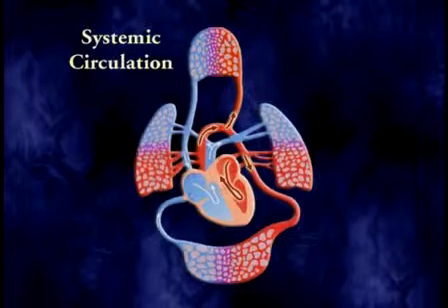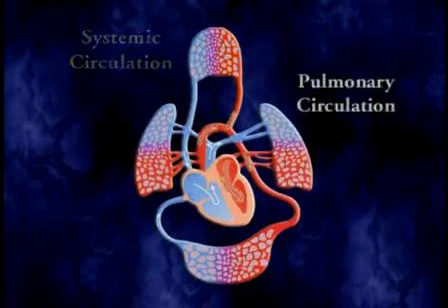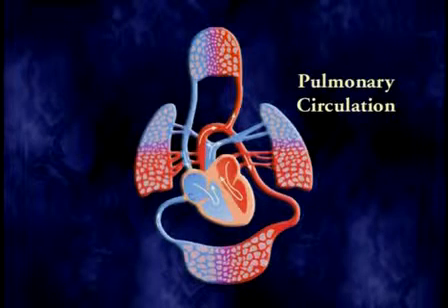So those vessels in the arteries are carrying oxygenated blood. But if you look at the pulmonary circulation, the vessels going out to the lungs, the pulmonary arteries, are carrying deoxygenated blood. And the oxygenated blood is coming back toward the heart. So that definition doesn't hold very well.